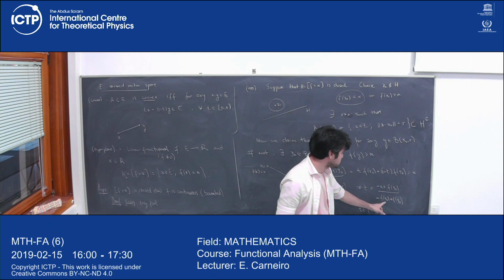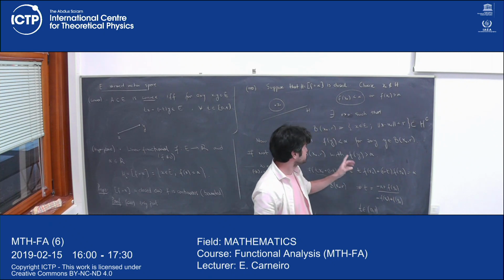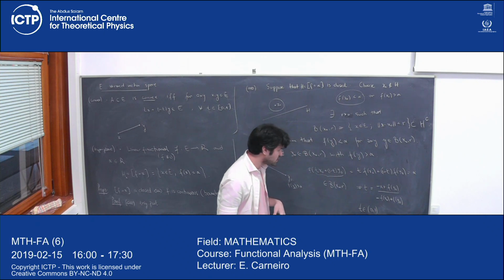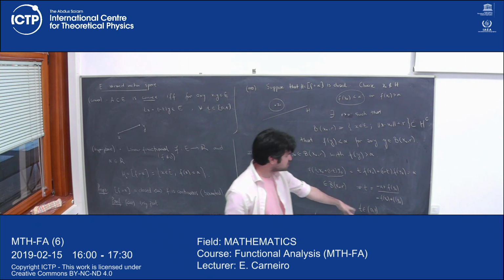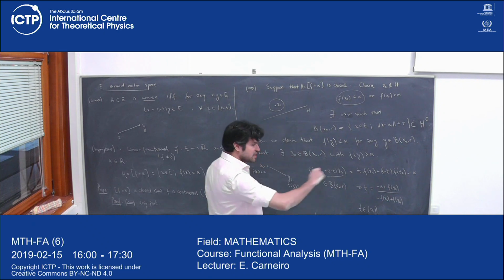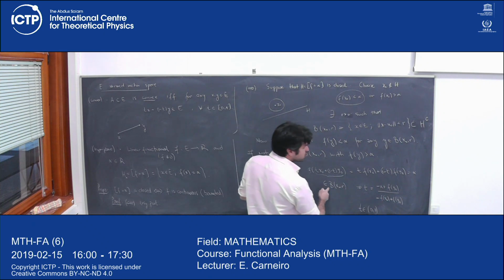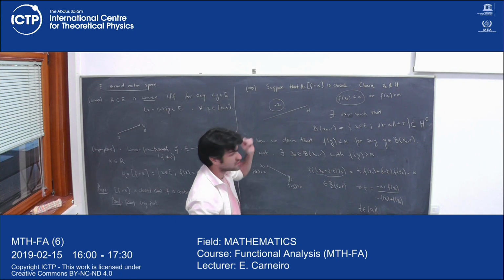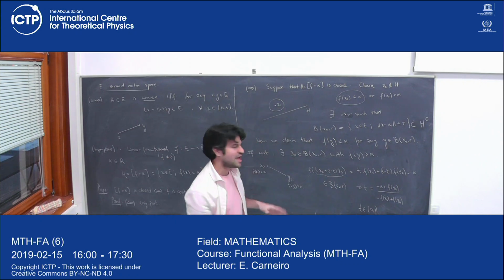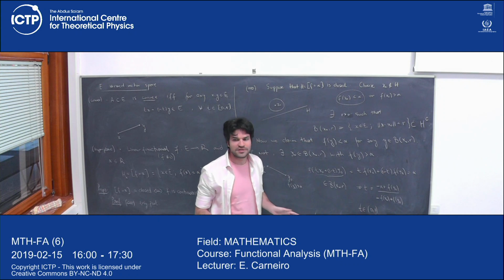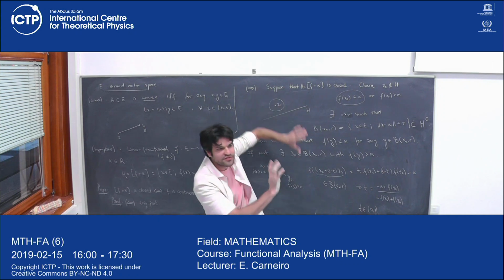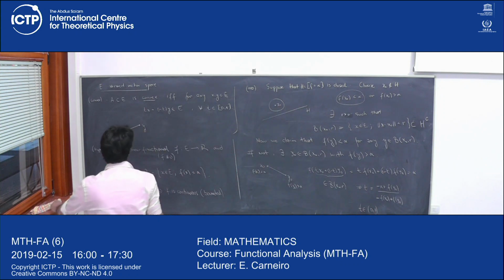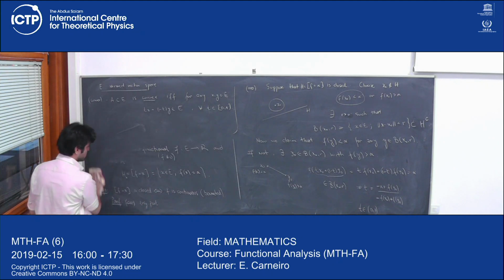It's less than 1 because f of x0 is less than alpha. Okay? So this particular t between 0 and 1 will create a contradiction. You will find a point in the ball such that the value of f at that point is equal to alpha, which is a contradiction because this ball is supposed to be outside. So we have proved mathematically what our intuition has told us, that the ball lies on one side of the plane. But this is essentially the statement that we wanted to prove.